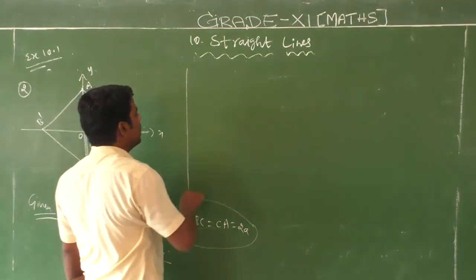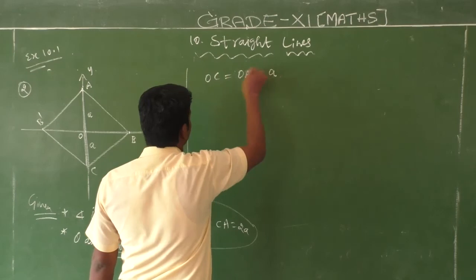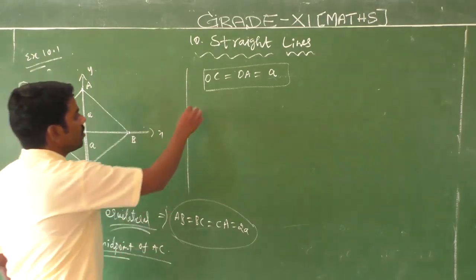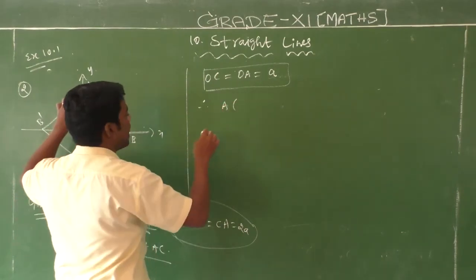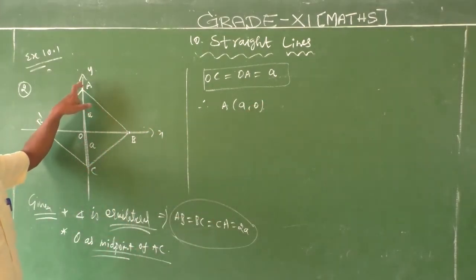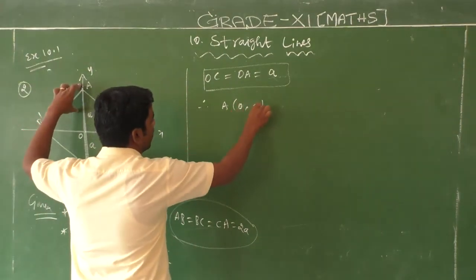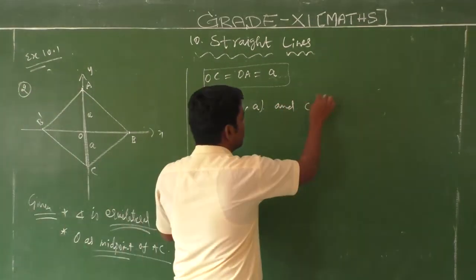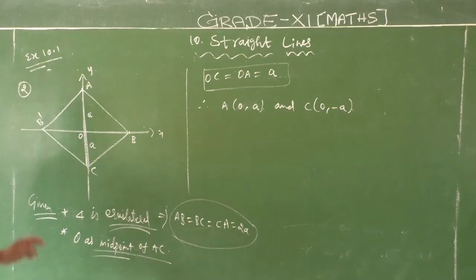Therefore OC equals OA equals A. So the vertex A lies on the y-axis, where the x value is 0, so A is 0 comma A. And C is also lying on the y-axis, so C is 0 comma minus A.